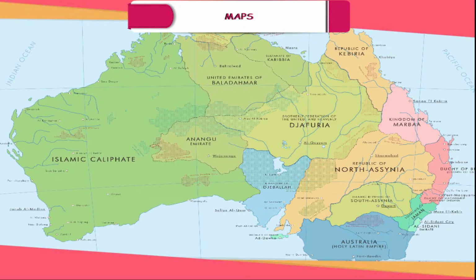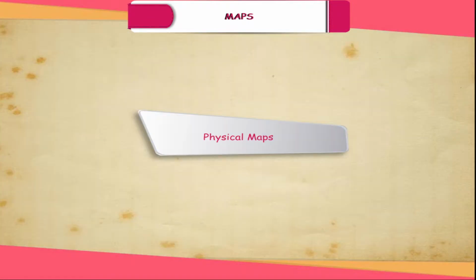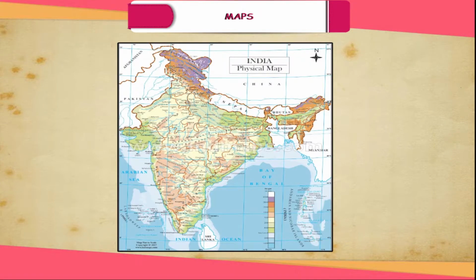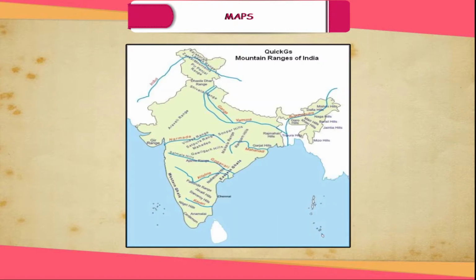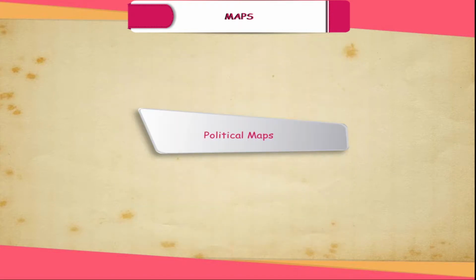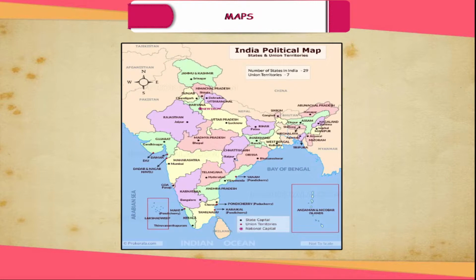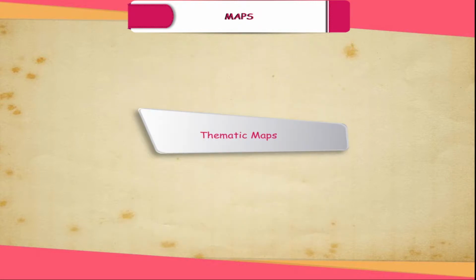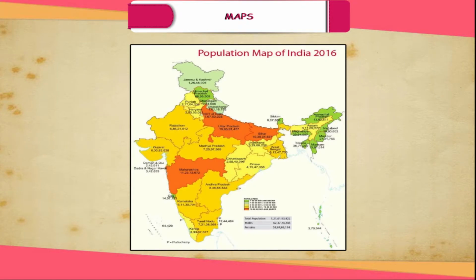Types of maps. The most commonly used maps are physical maps. These maps show landforms such as plains, plateaus, mountains, and rivers. Political maps. These maps show countries, cities, and towns. Thematic maps. These maps focus on cultural or physical themes.